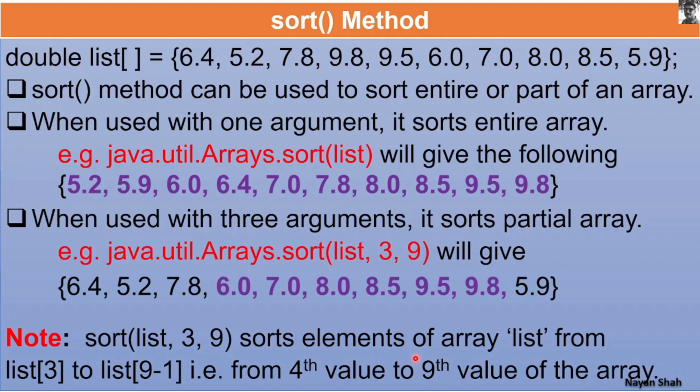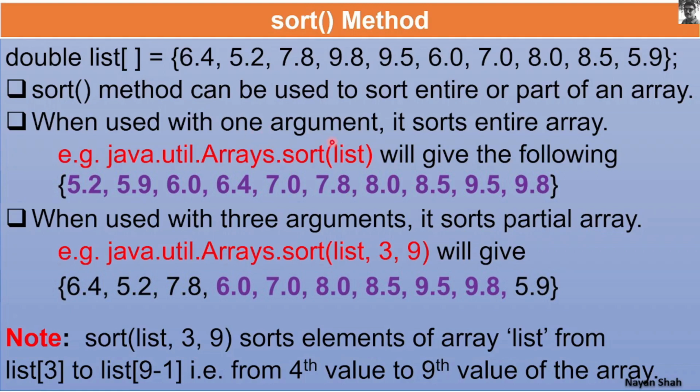So when we use this with one argument, for example java.util.Arrays.sort(list), it will sort the entire array. As you can see, the biggest value, 9.8, is last, and the smallest, 5.2, is at the first. But when we use this with 3 arguments, it will sort a partial array.